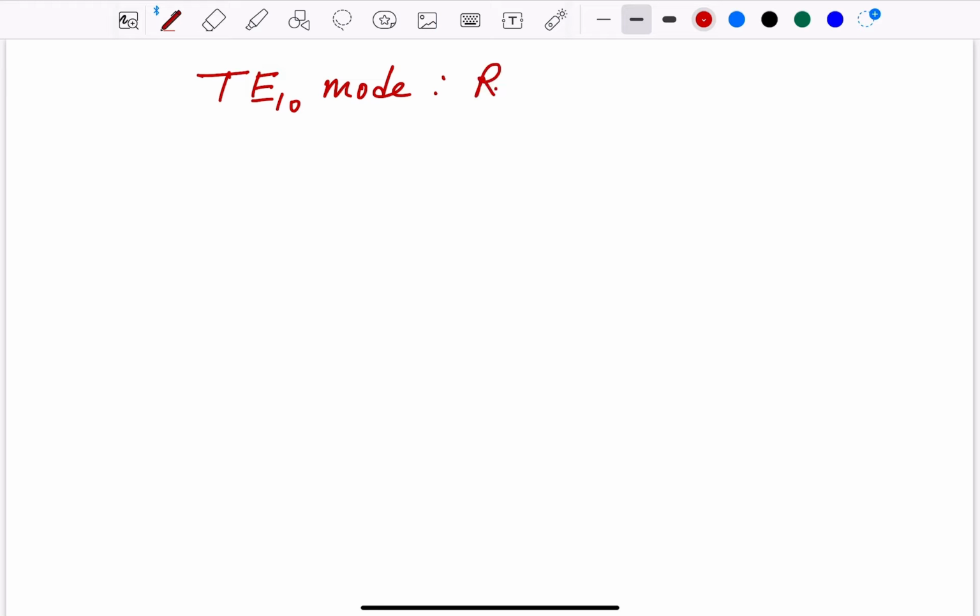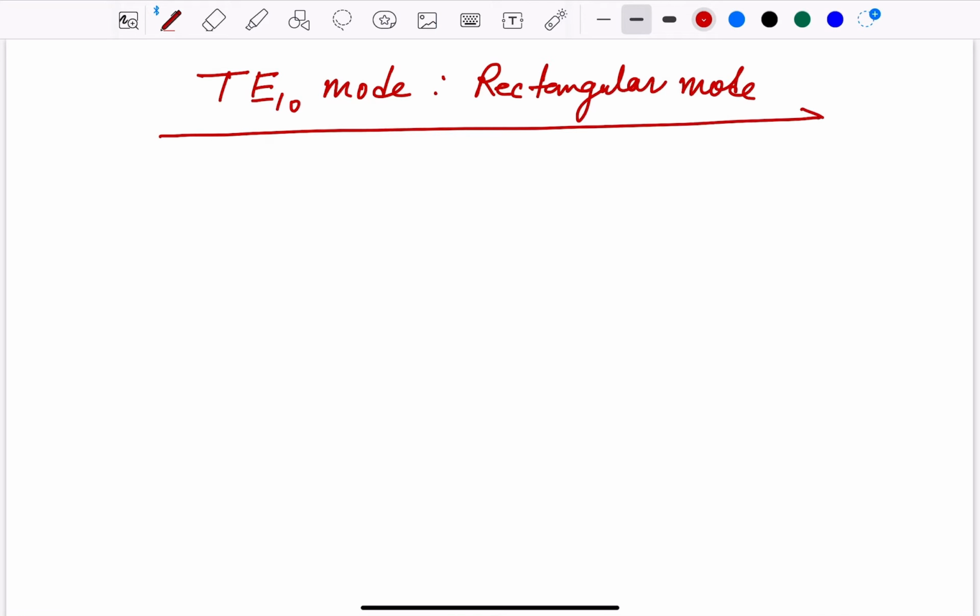So this is a rectangular waveguide mode. The purpose is very clear, why we are starting once again with the TE mode and particularly the TE10 mode. The reason is that in most practical systems you will find that users are exciting this TE10 mode.